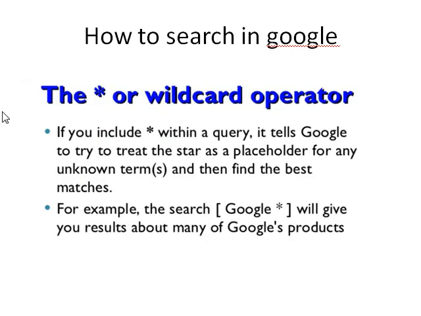The other operator in Google is the star. If you include a star within a query, it tells Google to try to treat the star as a placeholder for any unknown terms and then find the best matches.